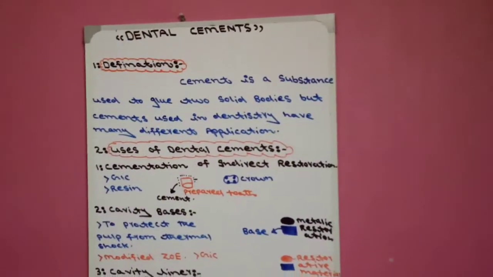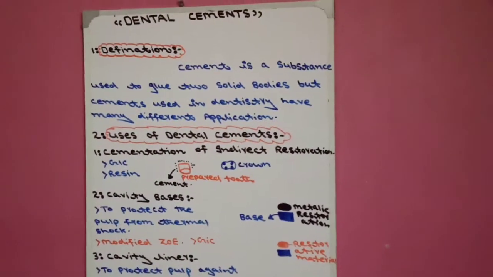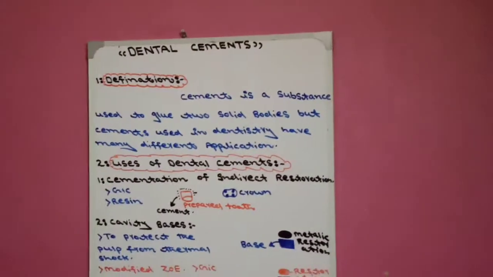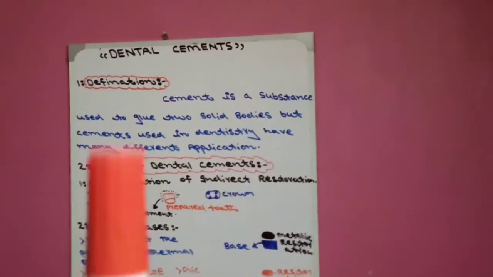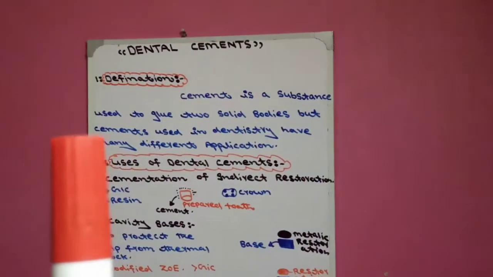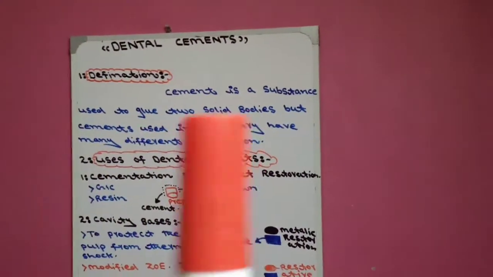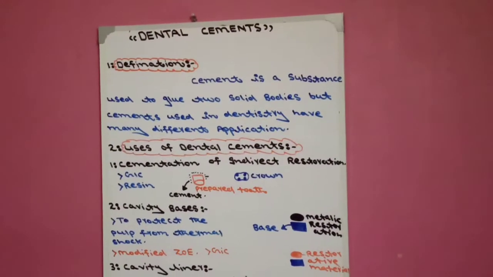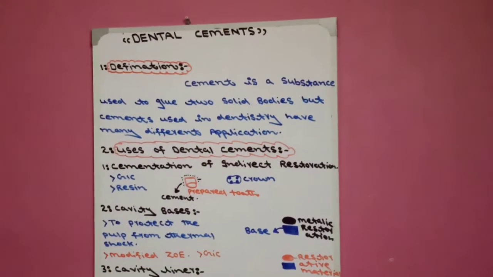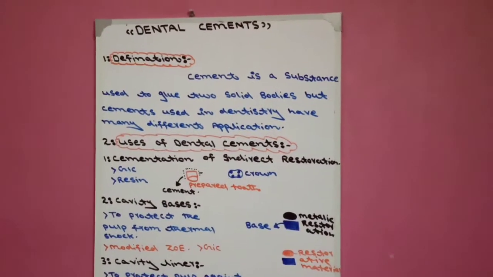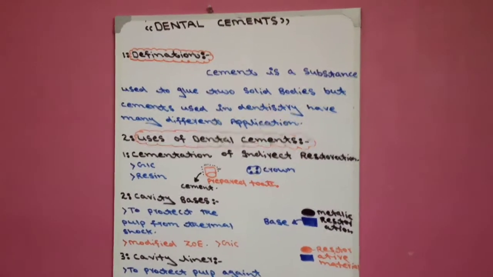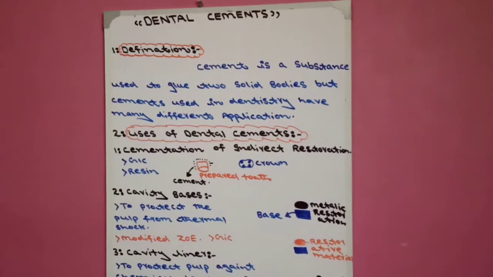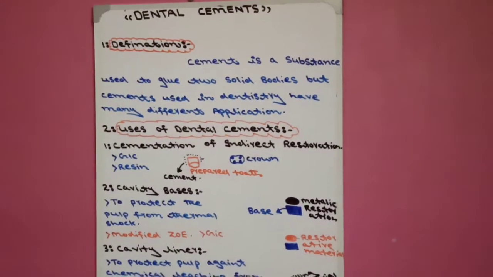First we start from the definition. In the definition we will study what is cement and what is dental cement. Cement is a substance used to glue two solid bodies. Like we use cement in building construction to join two bricks with each other.